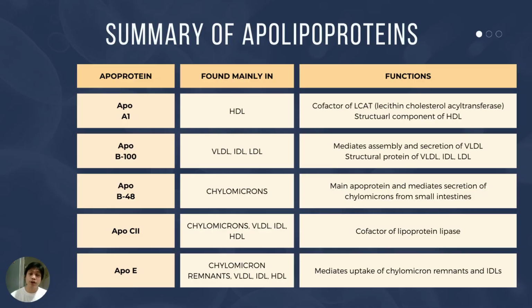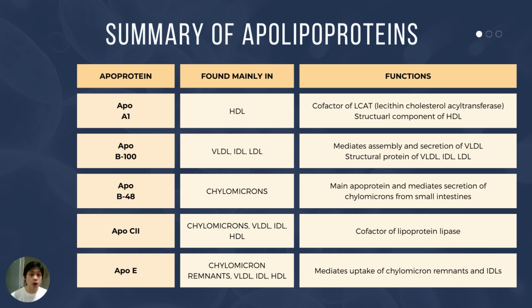So remember that apolipoproteins are the protein components of lipoproteins. And again, I told you a while ago that apolipoproteins or apoproteins are not only structural components, but they are also enzymes which catalyze certain reactions or binding to receptors.